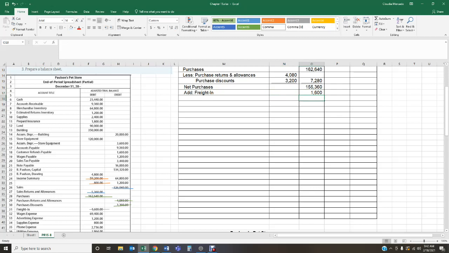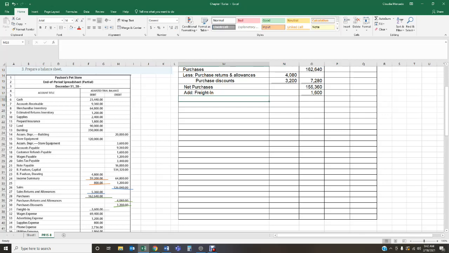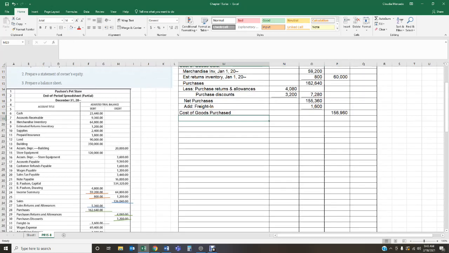Okay. And then I'm going to tally that up, and that's going to give me my cost of goods purchased. So we're going to add our 155,360, which is our net purchases, plus our freight in. That's going to give me 156,960.